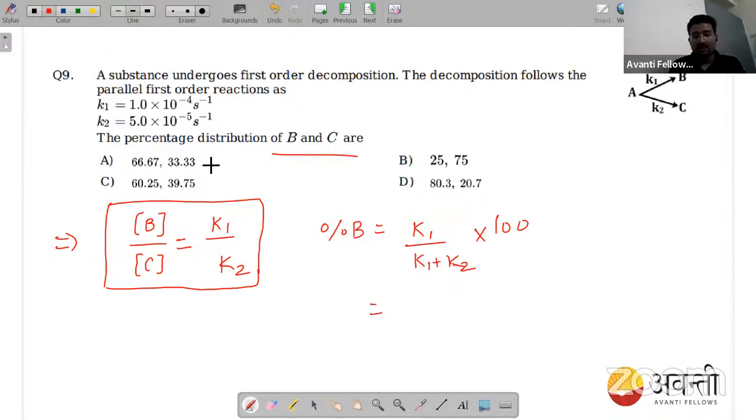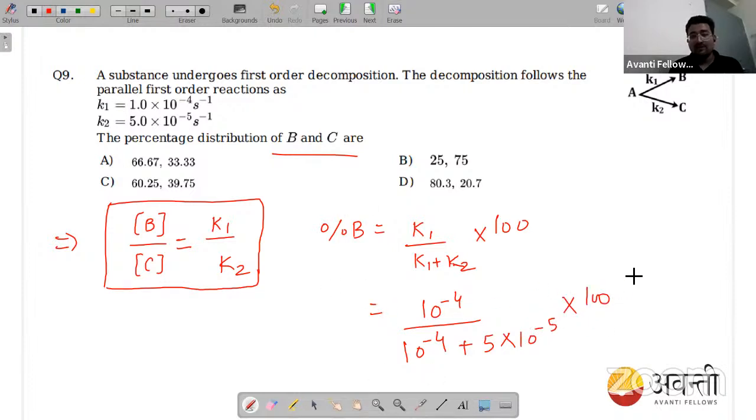Now here you can see what K1 is: 1 into 10 to the power minus 4, and K2 is 5 into 10 to the power minus 5. So K1 plus K2 will become 10 to the power minus 4 plus 5 into 10 to the power minus 5, into 100.